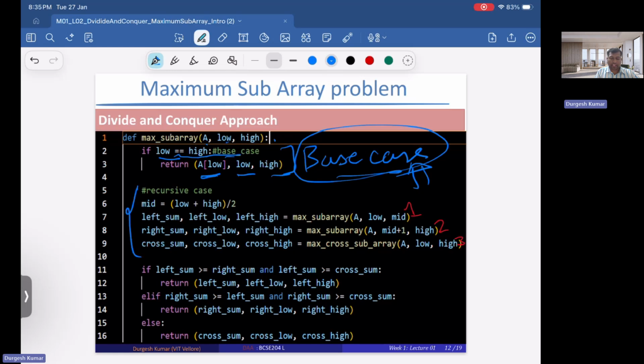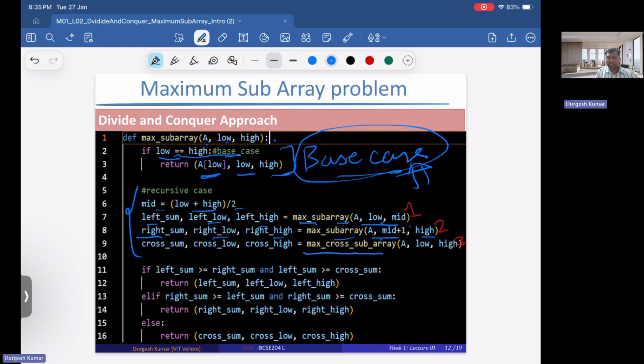Otherwise, find the mid, low plus high by 2. Call the maximum subarray on the lower half from low to mid. It will return left sum, left low, left high. Similarly, call the maximum subarray on the higher half, A, mid plus 1, high. It will return right sum, right low, right high.